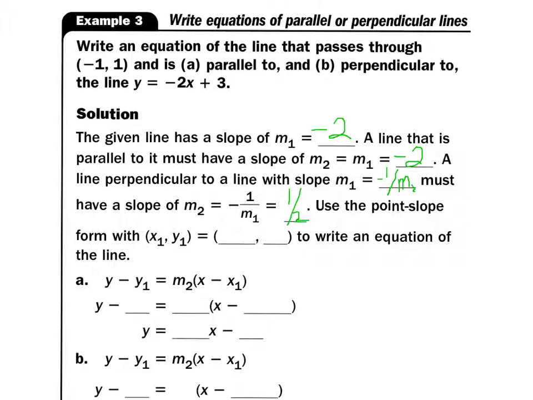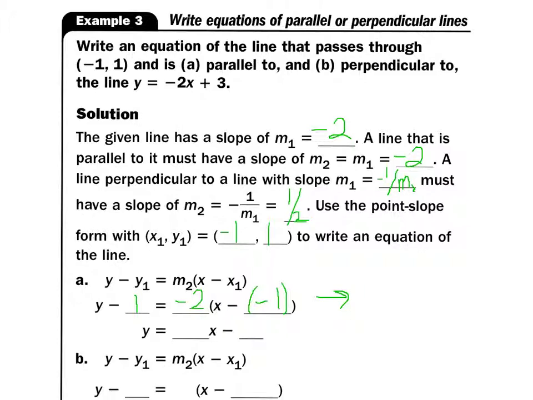So I'm going to use the point-slope formula with the point -1, 1 to write an equation of a line. So y minus 1, y1, equals the slope, -2, times x minus x1. Okay, so this is where you have to be careful with these signs because minus and minus together will make a plus. That kind of skipped a lot of steps there, didn't it?